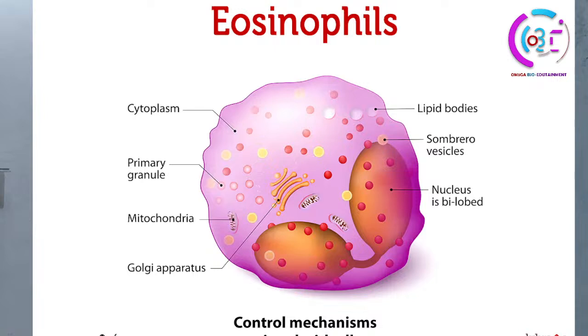Eosinophils are a diagnostic marker. They use the percentage when you do total WBC.